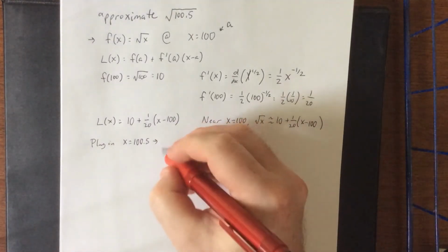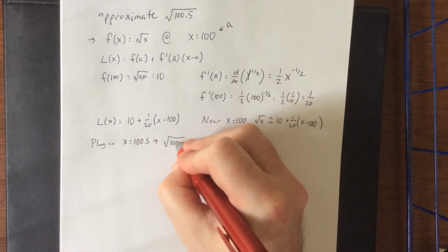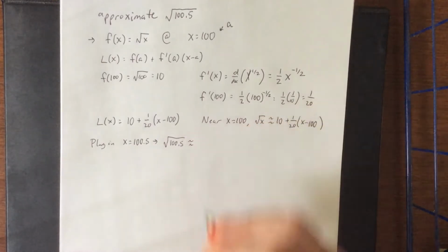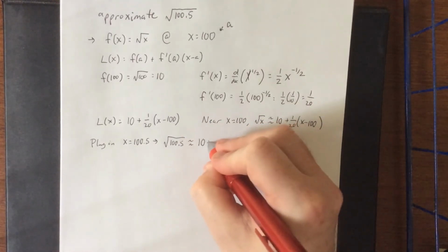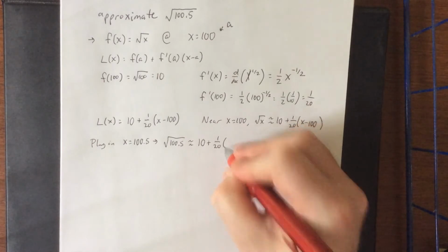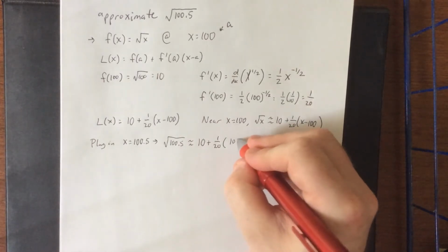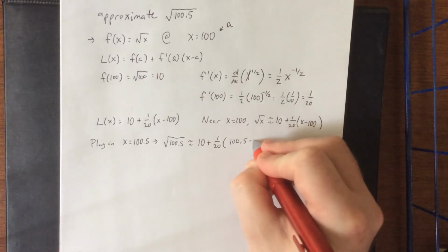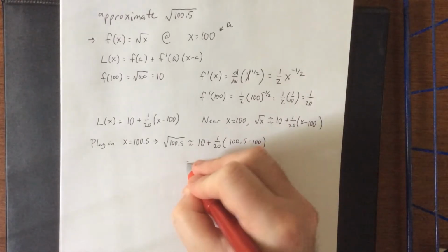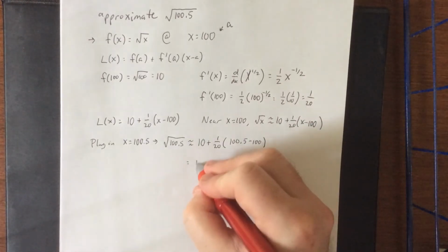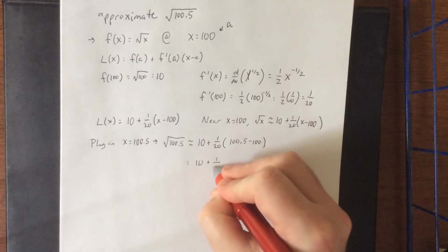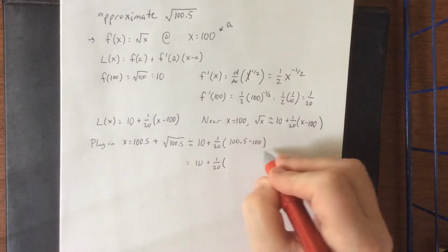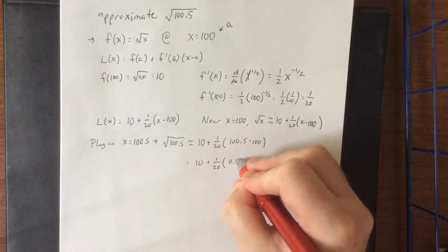So in the interpretation, this means that the square root of 100.5 would be approximately equal to 10 plus 1/20 of 100.5 minus 100. Then we can go ahead and simplify this expression. Going according to the order of operations, 100.5 minus 100 would be 0.5.